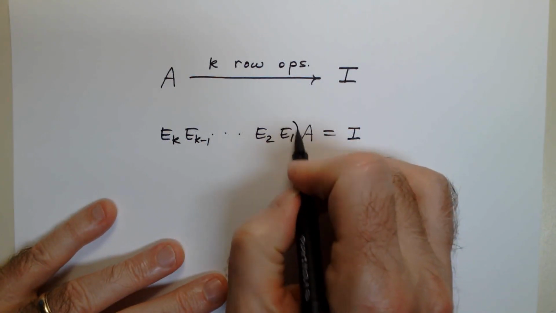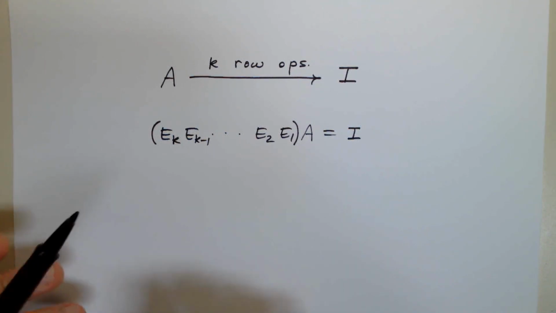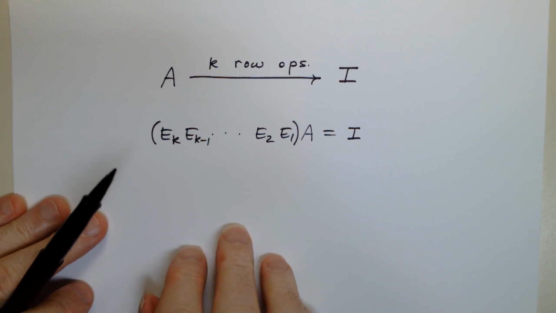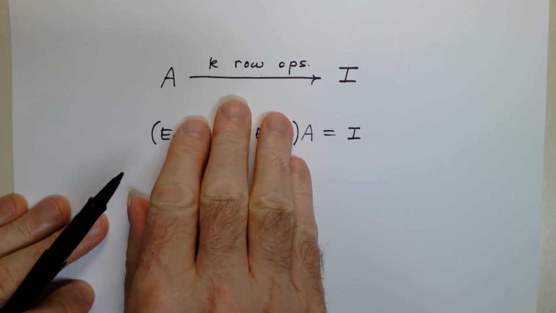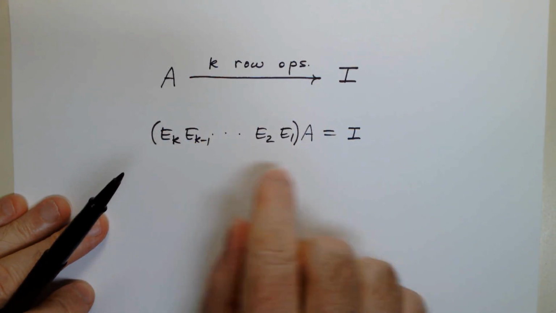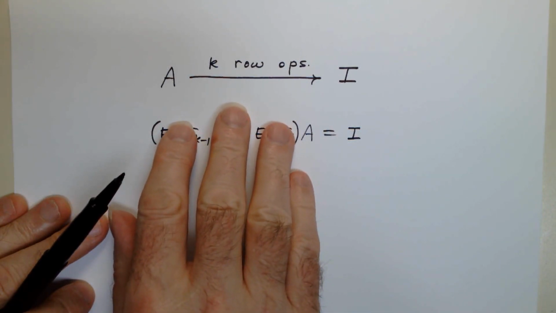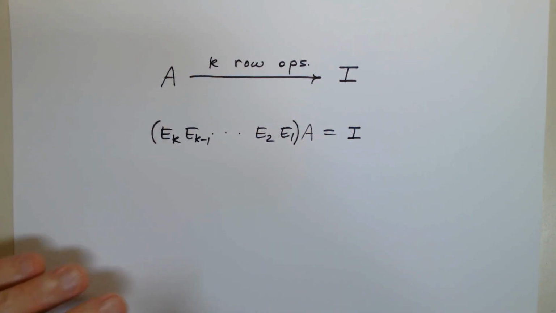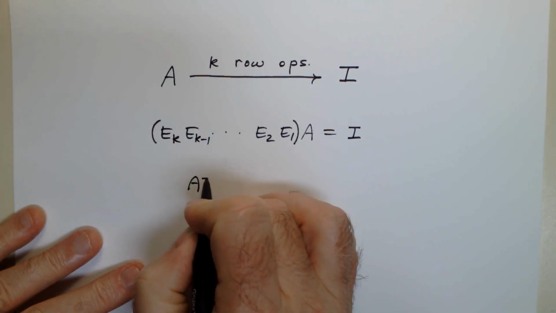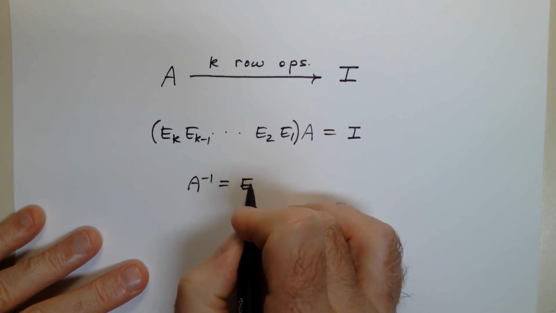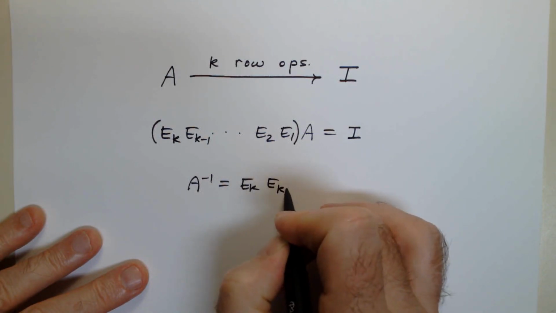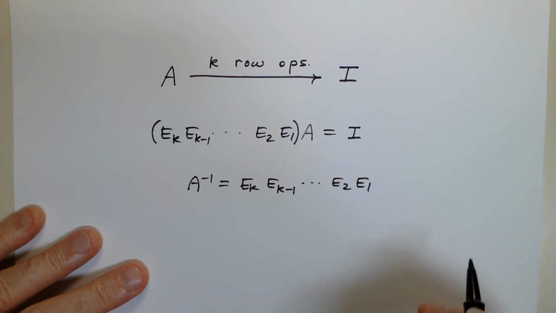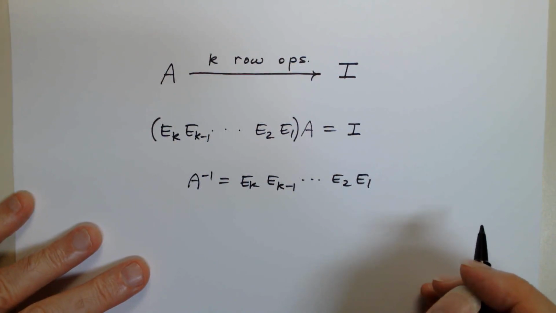Now, we know that this collection of elementary matrices is the inverse of A. One way of thinking about this is just to think that it's a matrix that multiplies A on the left and gives us the identity. So according to our previous result, this must be the inverse of A. So we can write A inverse is equal to E_k times E_{k-1} on down to E_2 times E_1. And let's do one last step to seal the deal.